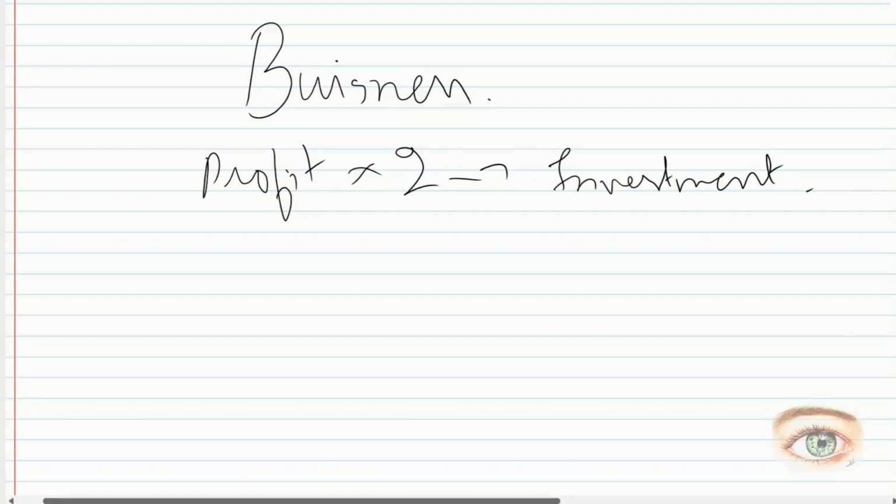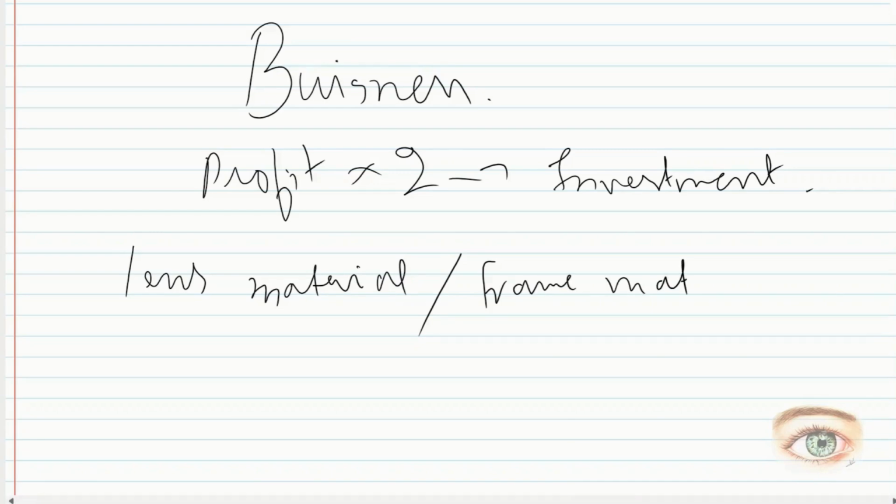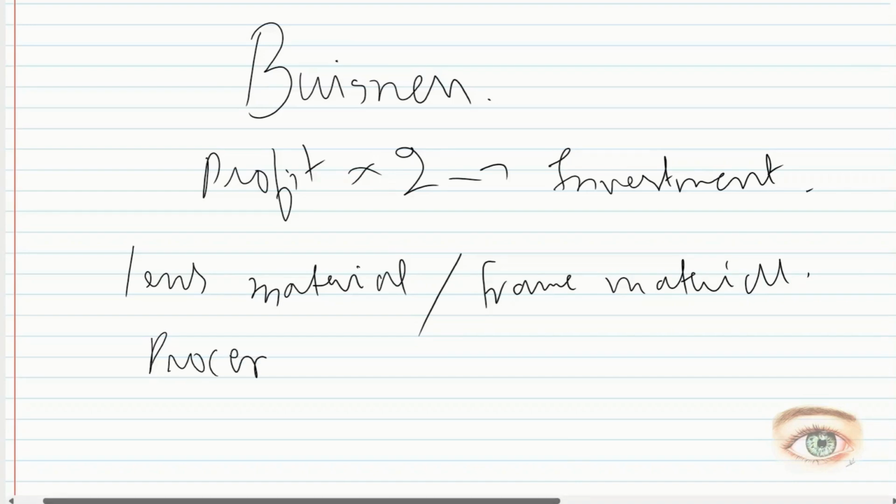So, in order to open an optical shop, you must be familiar with the lens material, frame material, and also the process through which a spectacle lens is made. So, in this course, you're going to learn everything about dispensing.